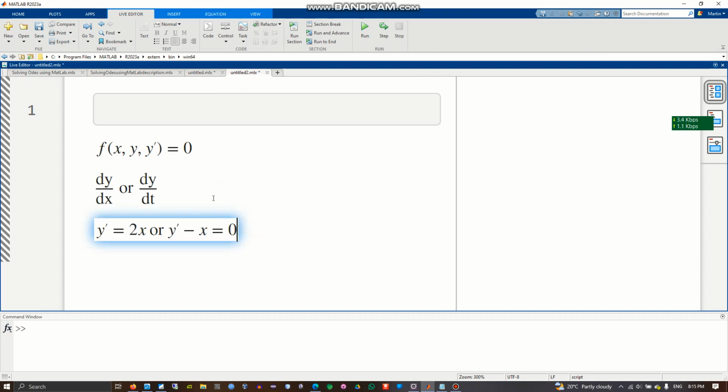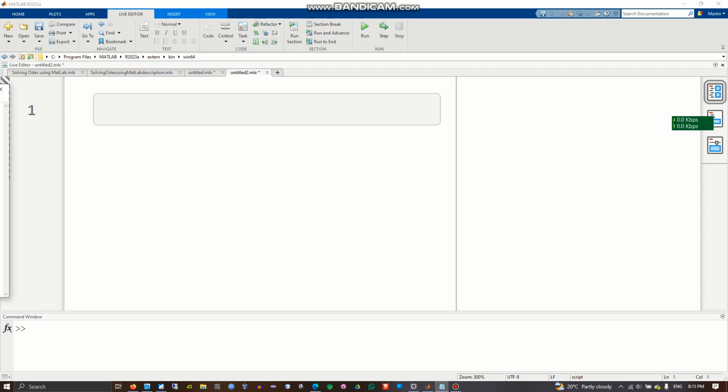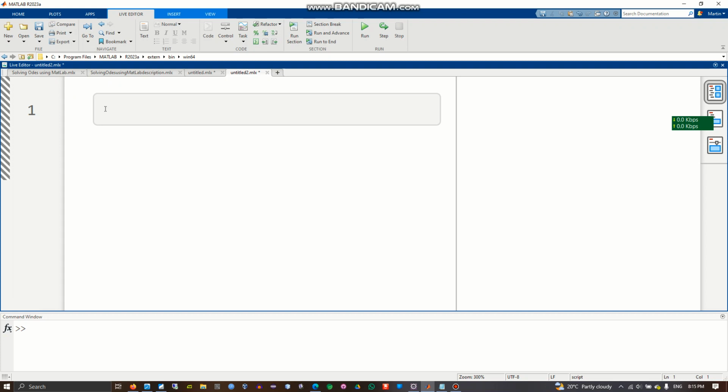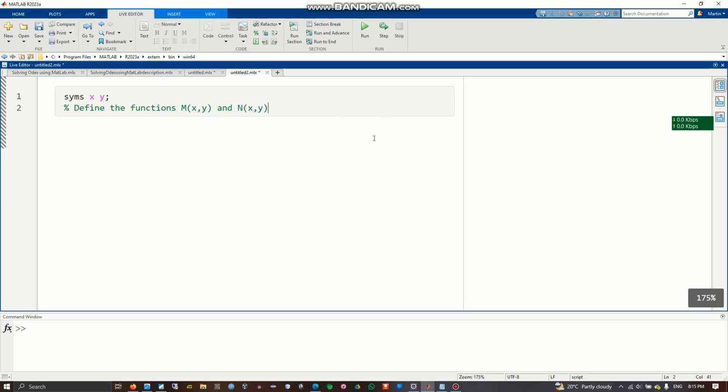Let me create a live script, or I can just use this one. We get rid of this. So what we do here, I will use the symbolic toolbox so that you can make use of x and y. Then let's define the functions M and N. We'll get these from the user, so we are getting an input.